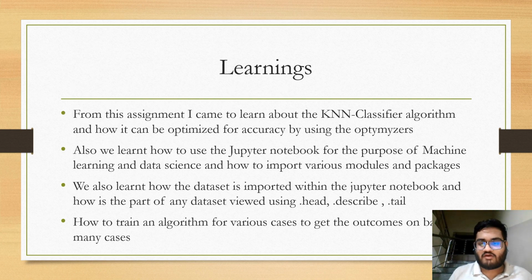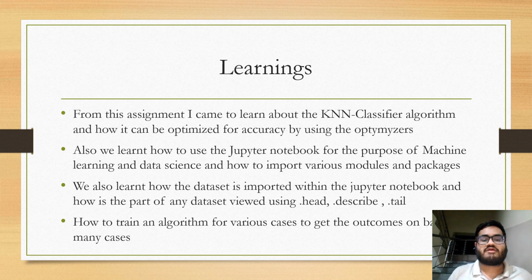Now here comes what I actually learned from the project or the assignment which was given to us. From this assignment, I came to learn about the KNN classifier algorithm and how it can be optimized for accuracy by using the optimizer. Also, we learned how to use the Jupyter notebook for the purpose of machine learning and data science, and how to import various models, modules, and packages.